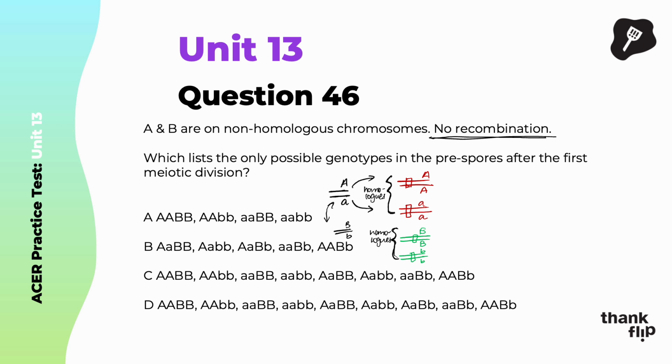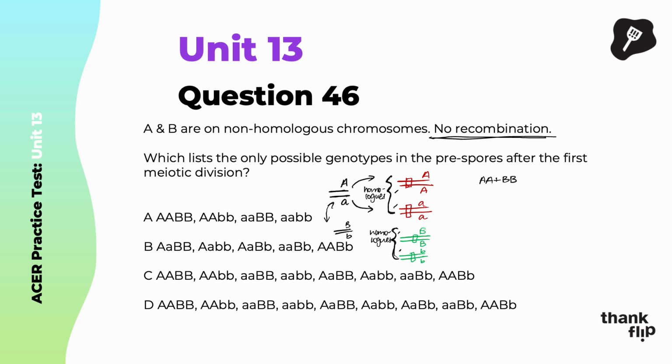So after this, we want to get one copy of each of these into the cells, right? So we want one red copy and we want one green copy. And so there's different combinations with which this can happen. So you can have a combination of red and green in the sense that you have capital A plus capital B, right?